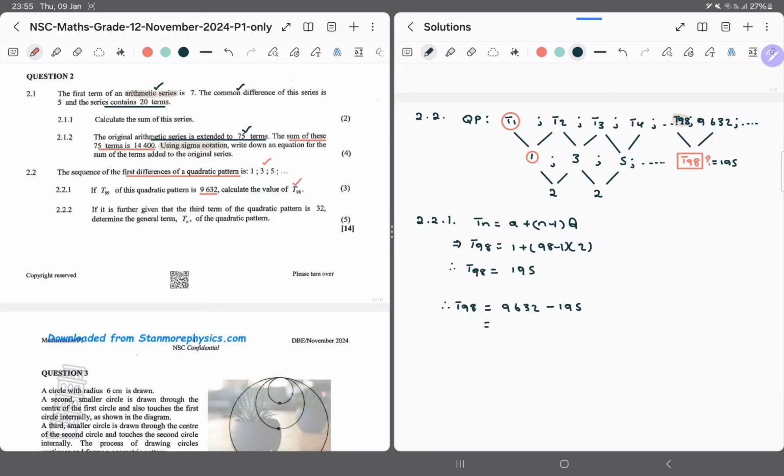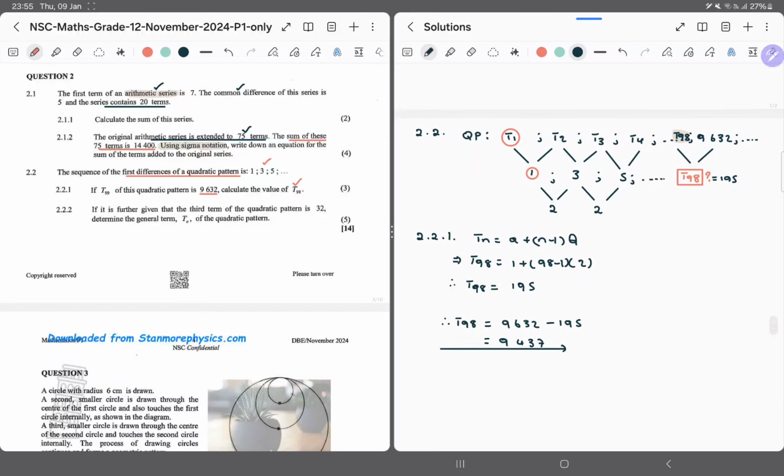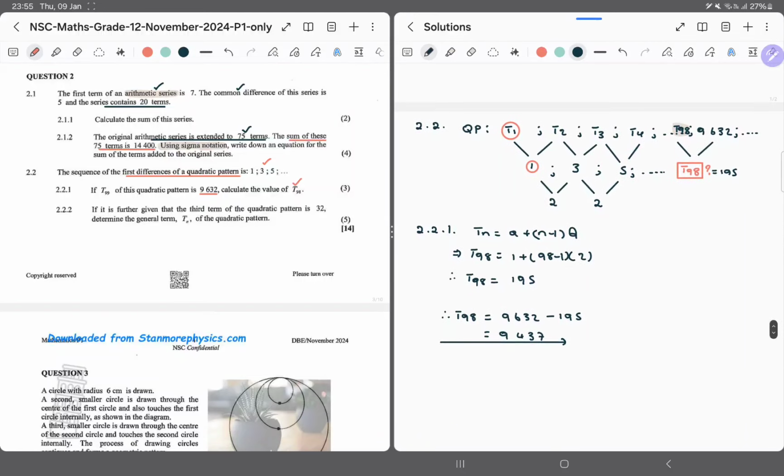So this is going to be 9,437. Very easy. As I said, understanding how things work together helps a lot.